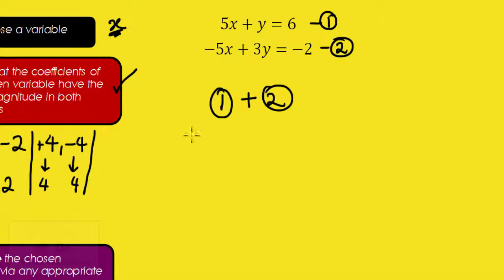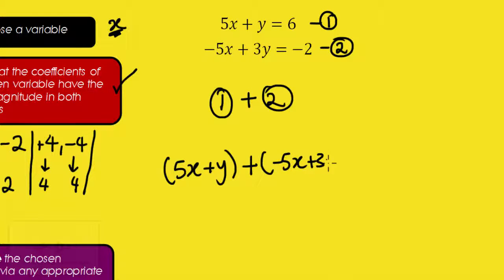When you add the left hand sides of both equations, you get 5x plus y plus the left hand side of equation 2, minus 5x plus 3y, equals, when you add the right hand side of both equations, 6 plus minus 2.